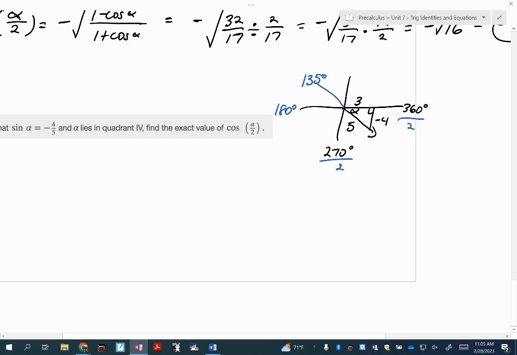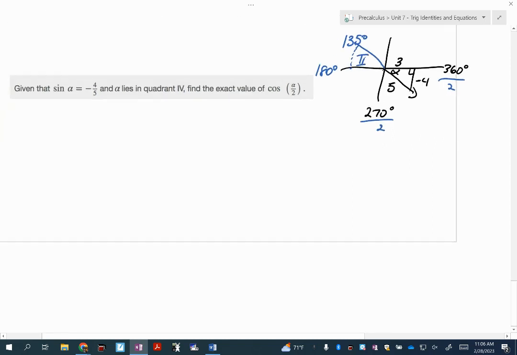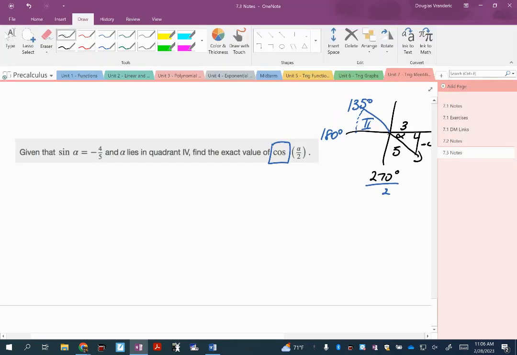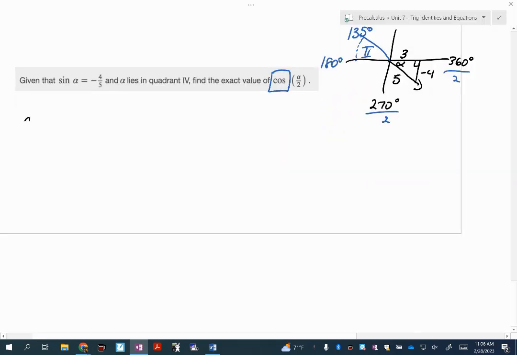So somewhere in between here, and that is in quadrant 2. Just like the previous one, we'll be focused on quadrant 2, where cosine of an angle is going to be negative. So I'll make sure to choose the negative version of my half angle identity.